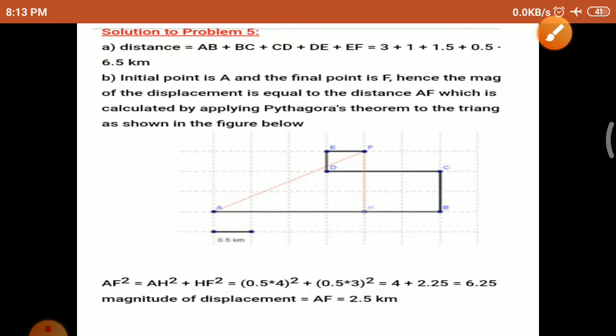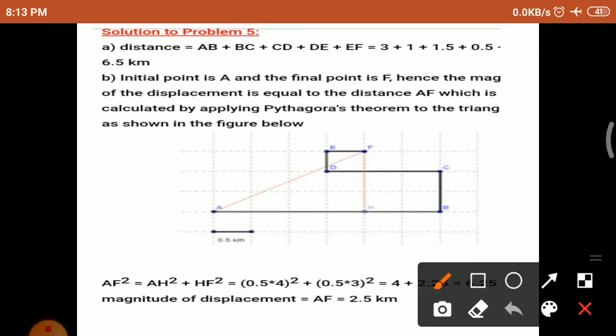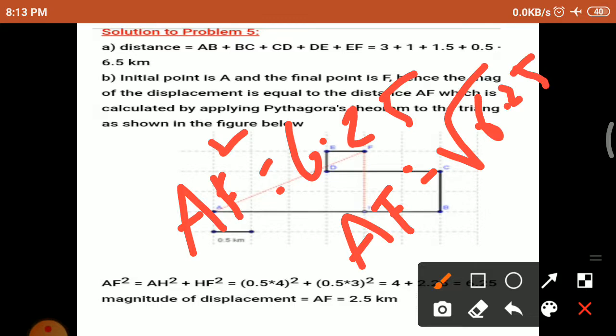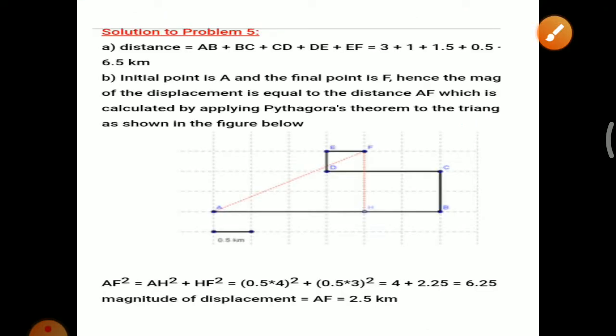So the magnitude of the displacement equals 2.5 kilometer. AF squared equals 6.25, so AF equals root of 6.25. When we take the root, you get 2.5 kilometer.